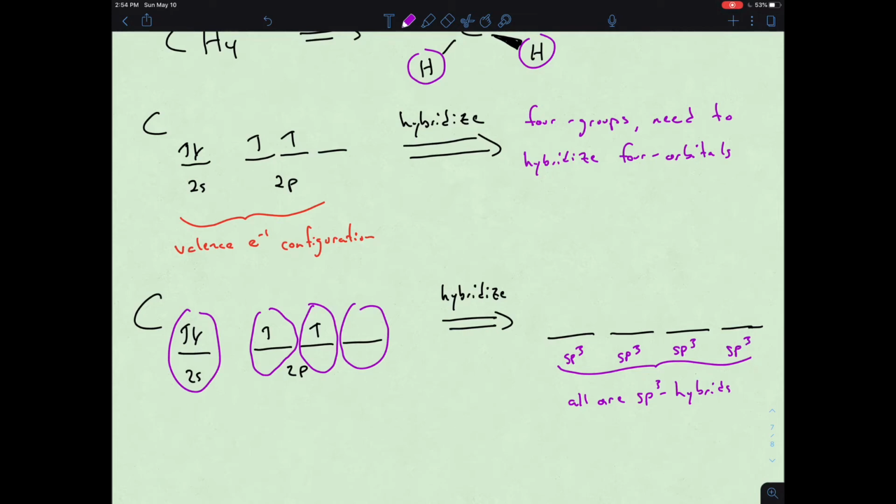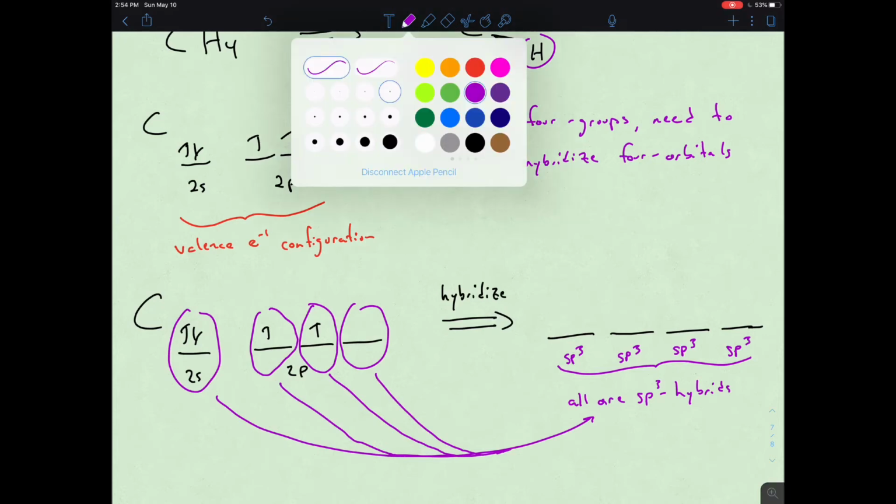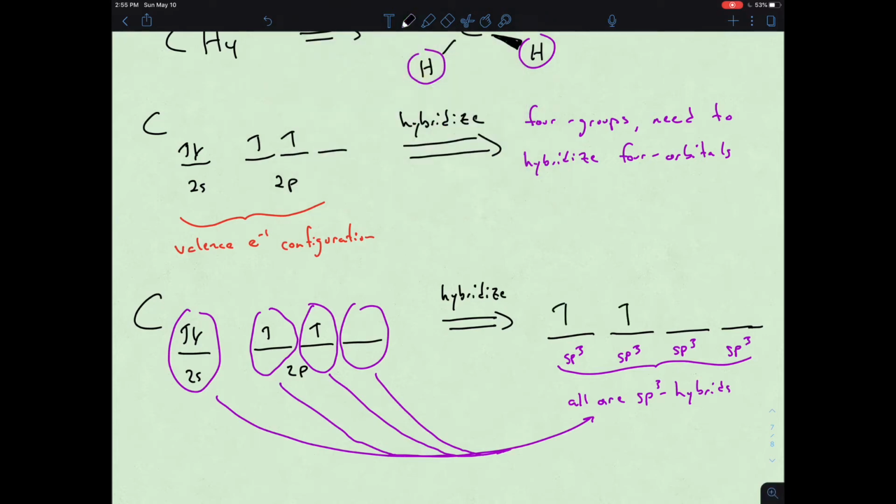So here's something that looks like that, and that's again that combination of all of these valence orbitals. And then that's what allows us to have all these electrons, those 4 electrons, actually unpaired. And so this is where we're going to get our 4 sigma bonds.